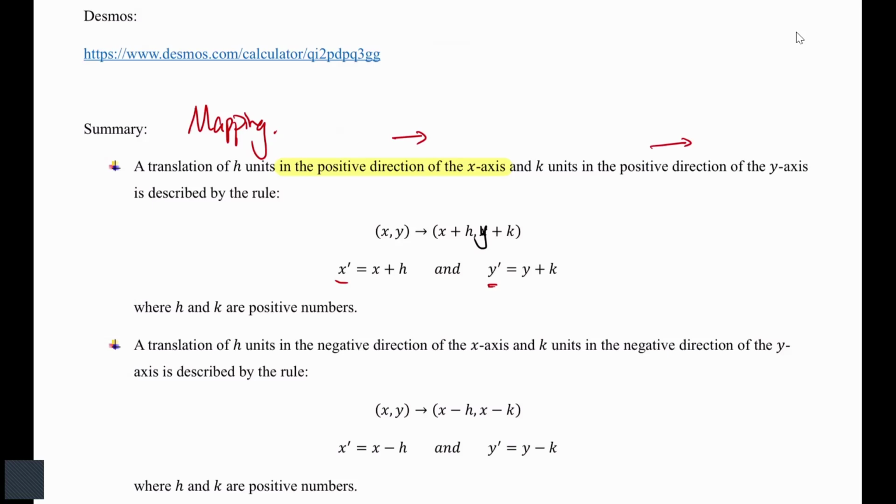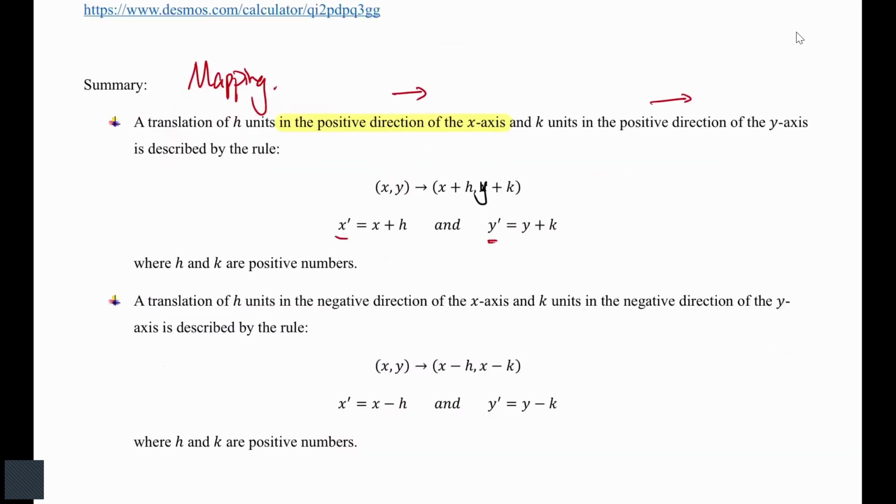I change the value of the coordinate. So for some number y, no matter what format, when I translate, I just add a minus number on top of it. So that means mapping changes the coordinate. We're not working on the graph at all when we're working on the mapping procedure. All right, does that make sense?